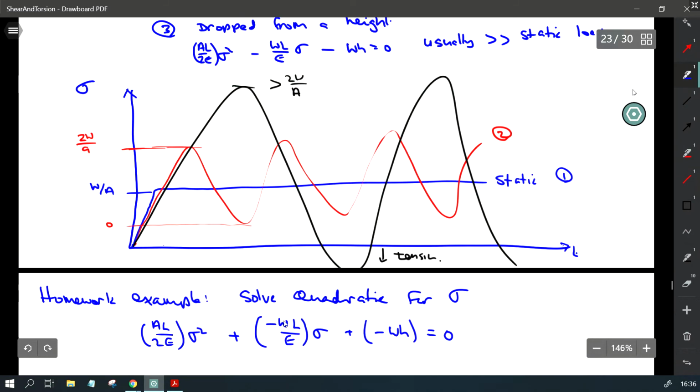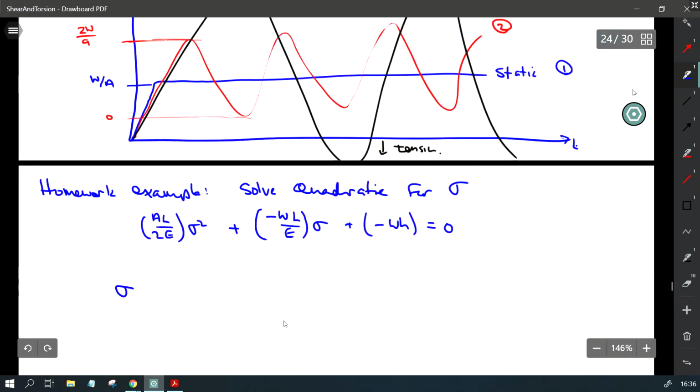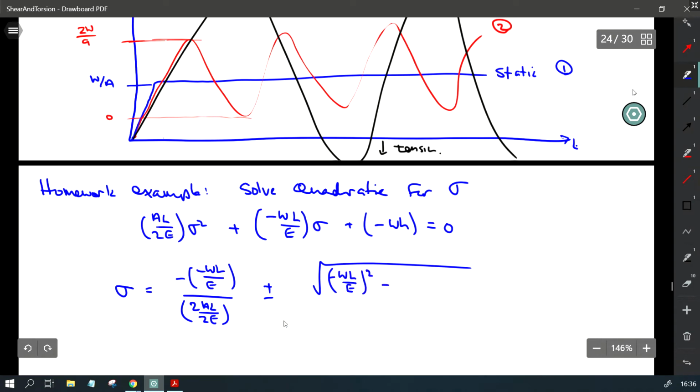So the solution will be minus B over 2A plus or minus the square root of B squared minus 4 times that times that, divided by 2AL over 2E. Okay, so that's what you get.